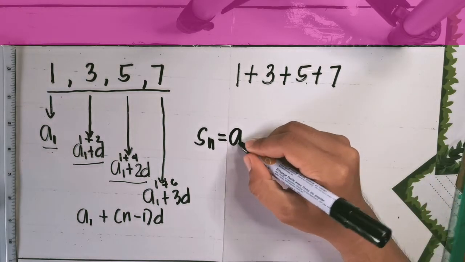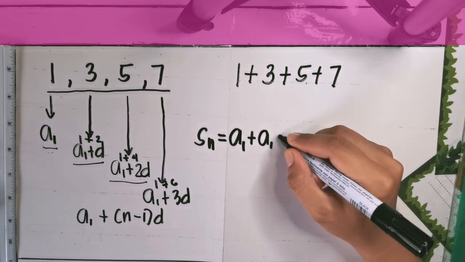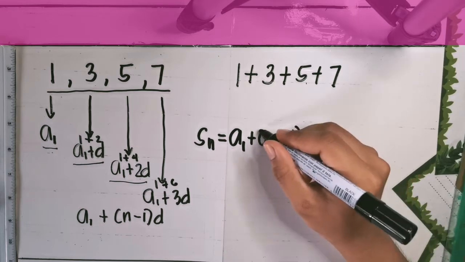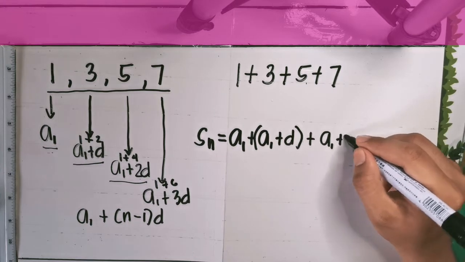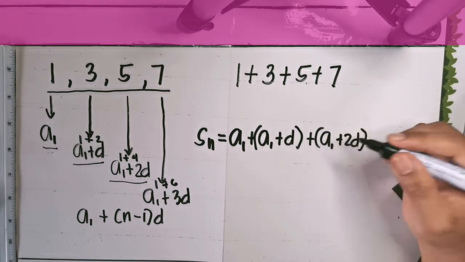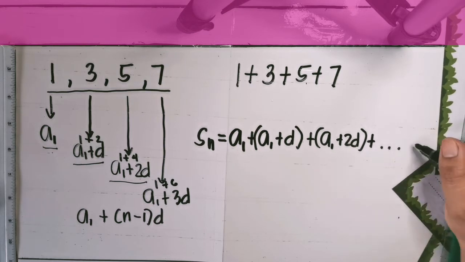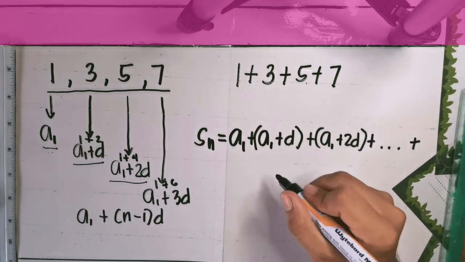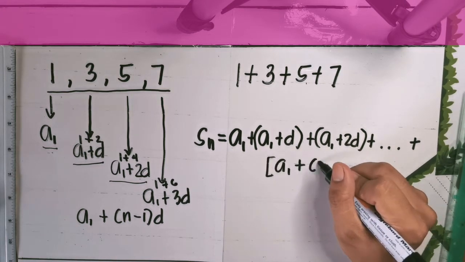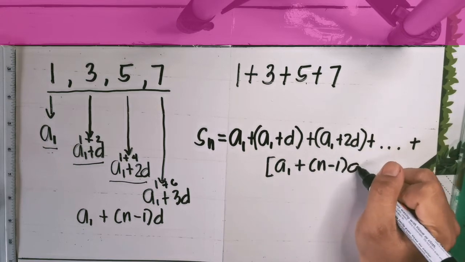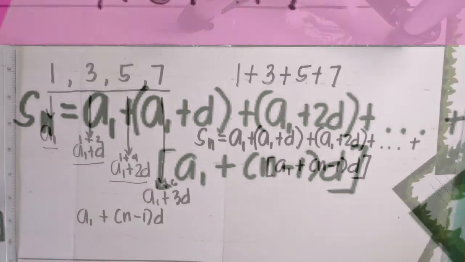So, a sub 1 plus a sub 1 plus d plus a sub 1 plus 2d plus, let's say, we have the rest of the terms and the nth term is a sub 1 plus n minus 1 times d. This is the algebraic expression representing arithmetic series.